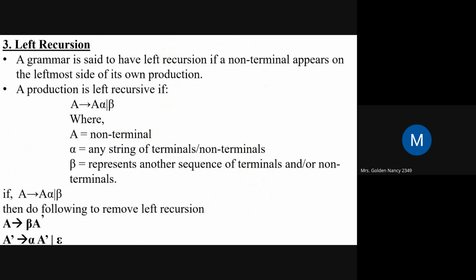Left recursion is nothing but if your left hand side production is appearing again in the first place of your right hand side, then you have to remove it. For example, A gives A S or B. If this is your production, and A is appearing here, it is your left recursion. A gives S A B: here it is not appearing immediately after the arrow, right?